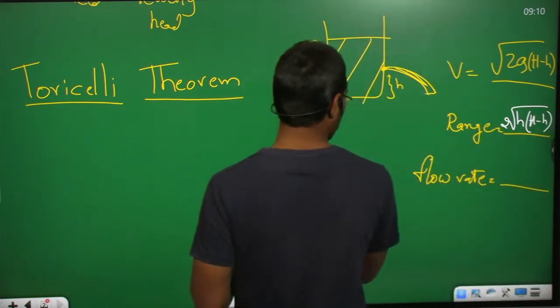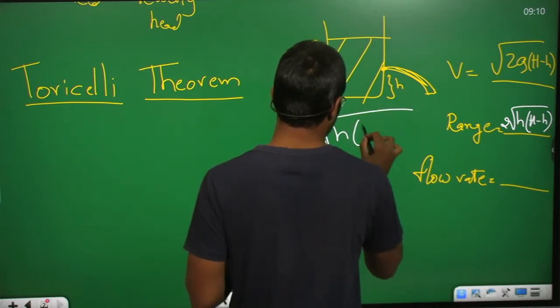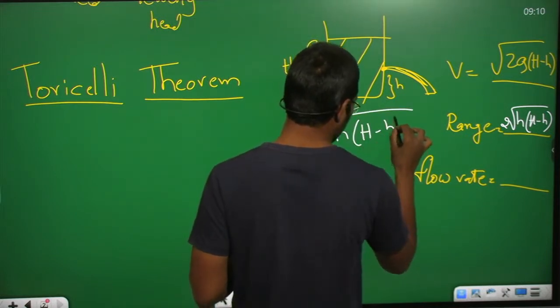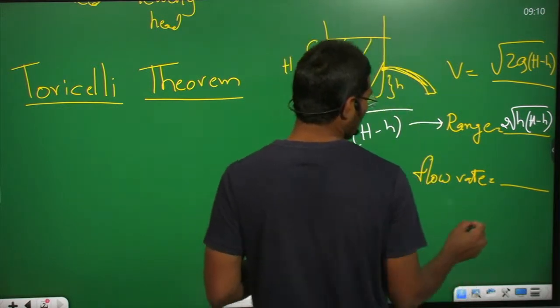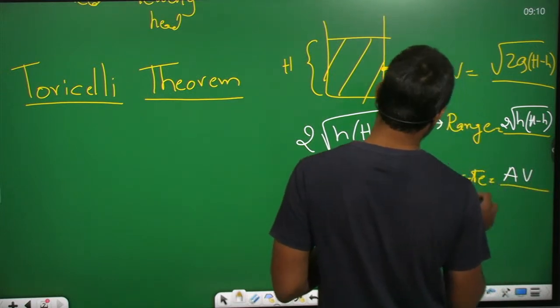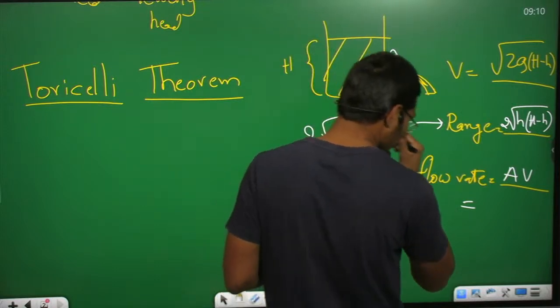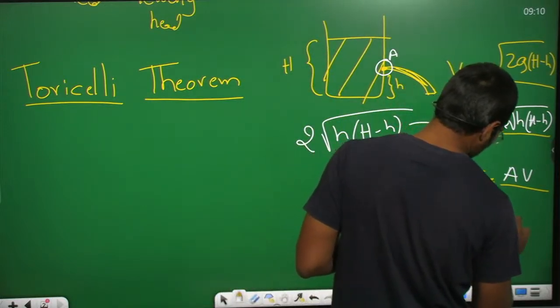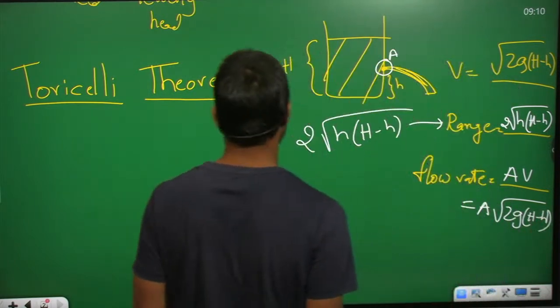So if I want to write it more clearly, 2 under root h into capital H minus small h. So what is flow rate? Area into velocity. So the area of orifice into V under root 2g capital H minus small h. Okay.